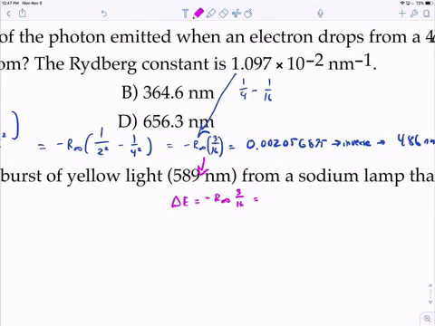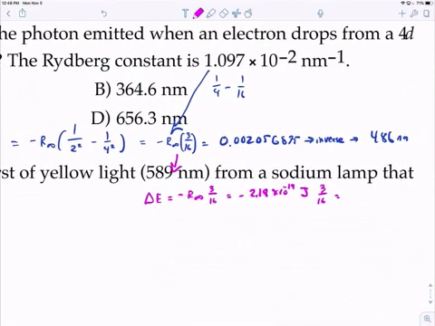And if you put in the Rydberg constant to be minus 2.18 times 10 to the minus 18 joules times 3/16, this is equal to 4.09 times 10 to the minus 19 joules.